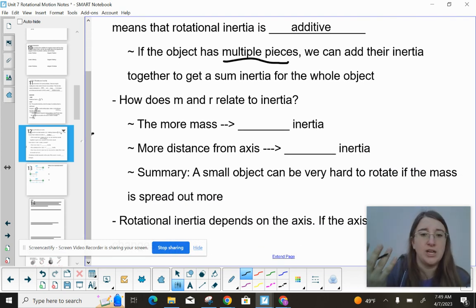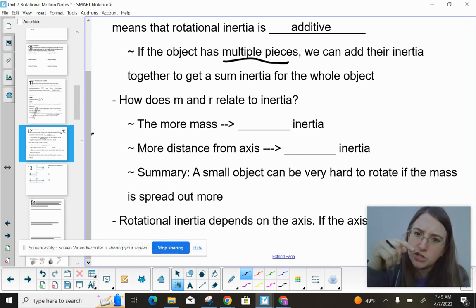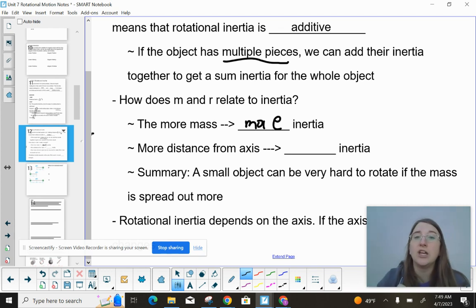So, thinking about proportionality, how m and r relate to inertia. If we have more mass, what's going to happen to the rotational inertia? We're going to have more, meaning it's going to be more resistant to motion, i.e., more difficult to rotate. And more distance from the axis, so the further away I am from the center, what does that mean for inertia as well? Also more inertia.